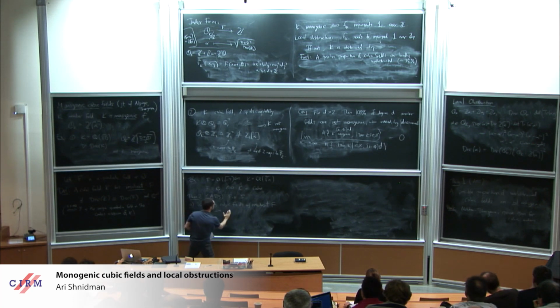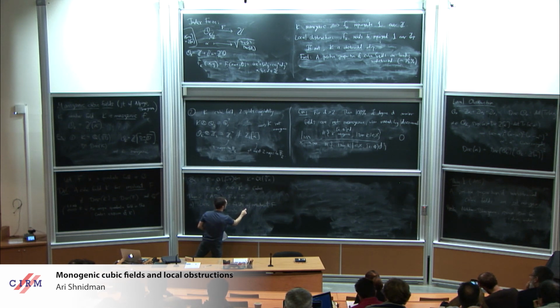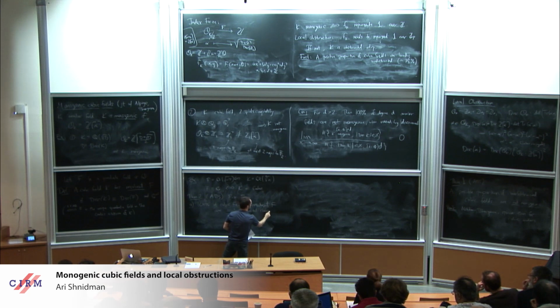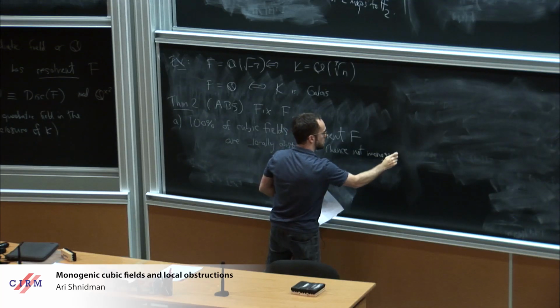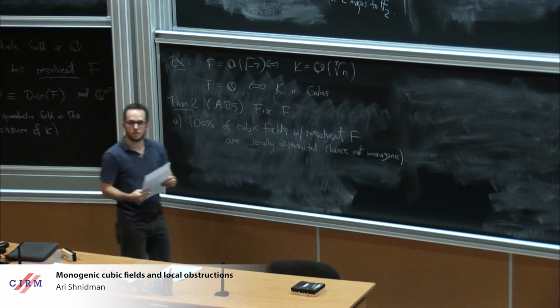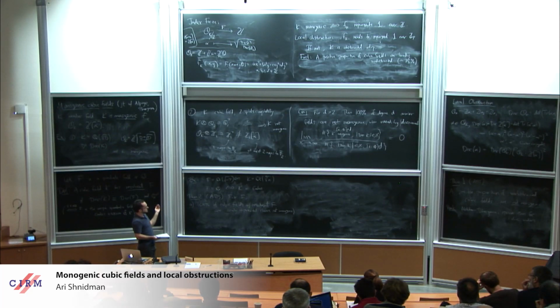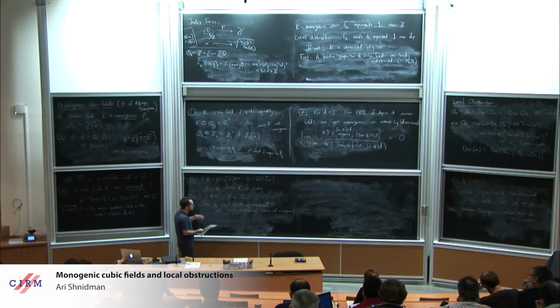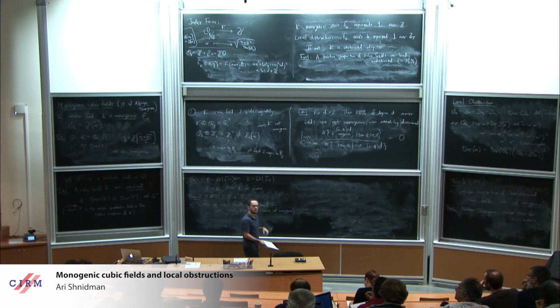So are locally obstructed, and in particular, not monogenic. So when you look in these families, without doing anything particularly fancy or hard, you actually can show that 100% are locally obstructed, just for local reasons.